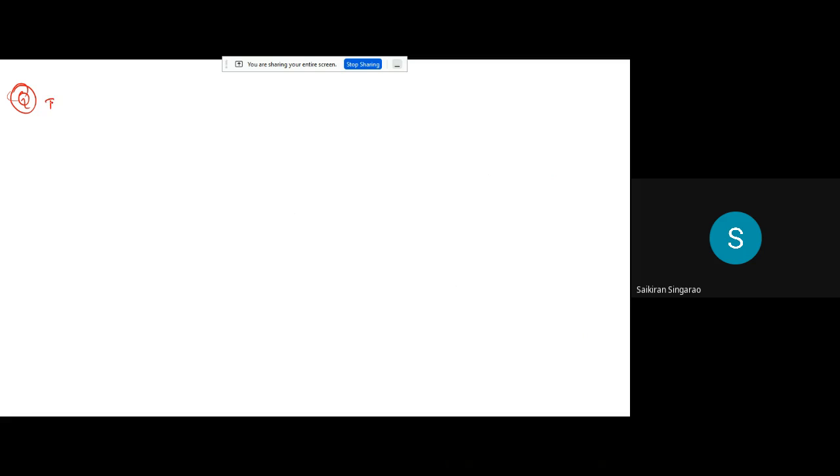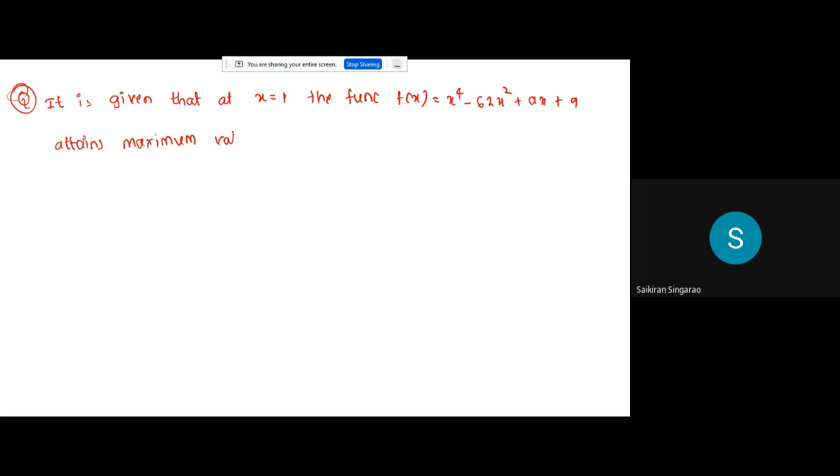Say he's asking: it is given that at x equal to 1, the function f of x is equal to x power 4 minus 62x square plus ax plus 9 attains maximum value in the interval 0, 2.